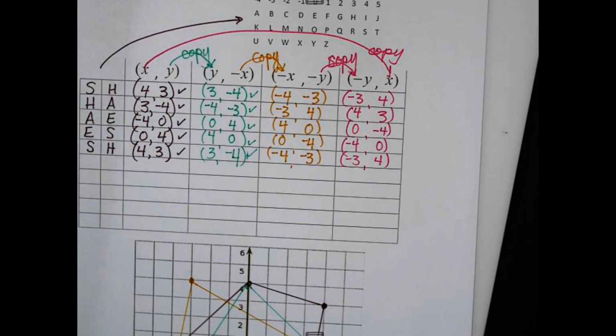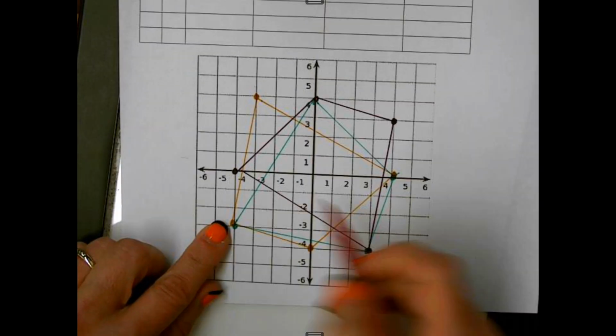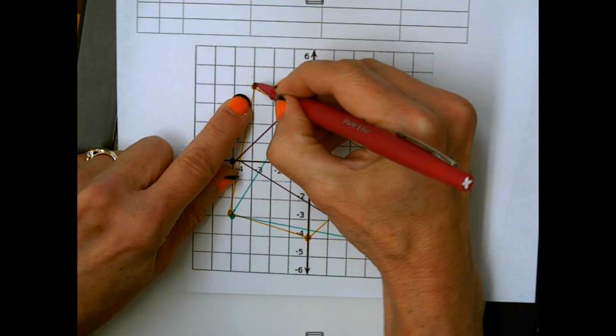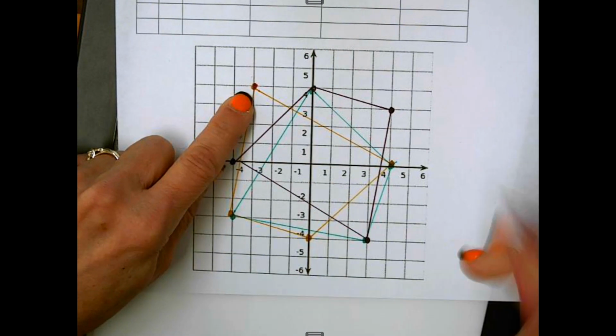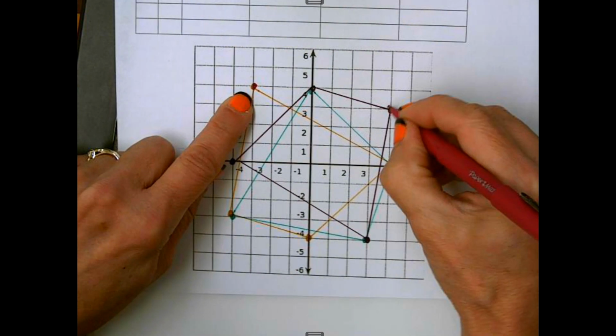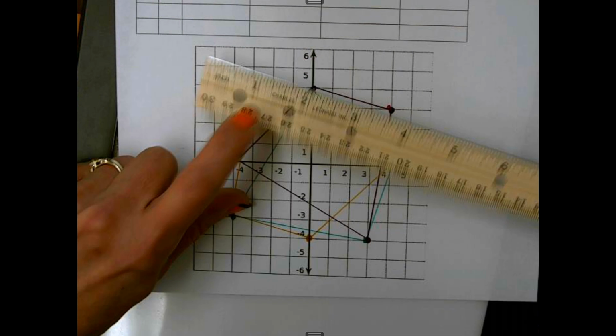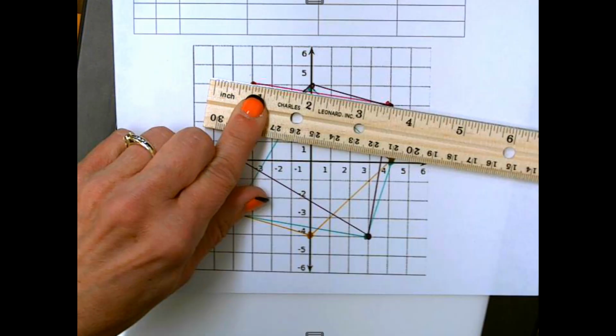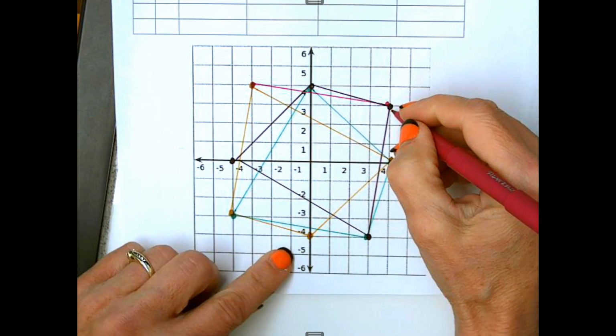Negative 3, 4. And again, we have a lot of these points already plotted. Now I'm going to connect that to 4, 3. I think actually all of these are plotted. We just got to make sure we connect them in the right order. 0, negative 4. All the way down there.